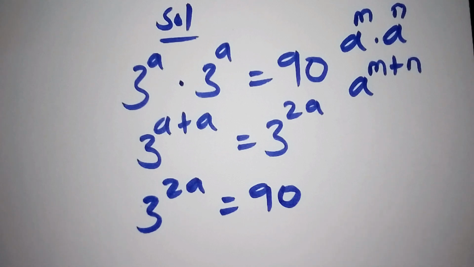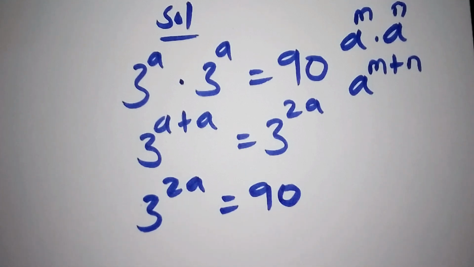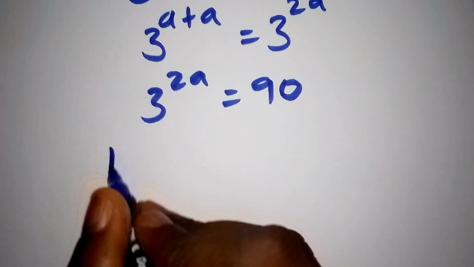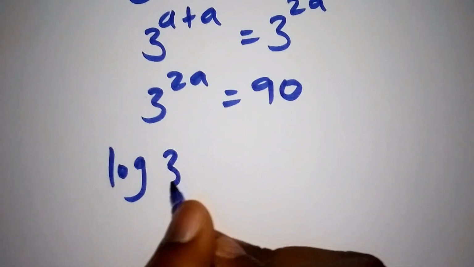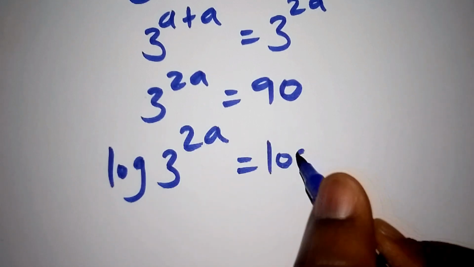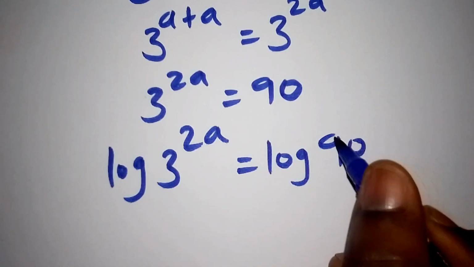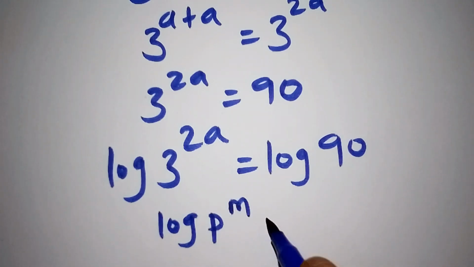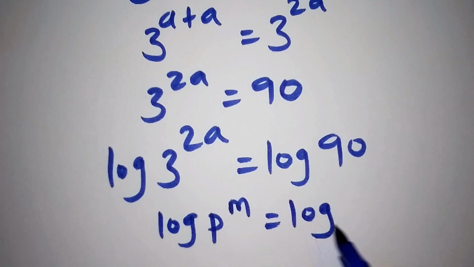To find the value of a in the correct way, we shall introduce the log on both sides. So we have the log of 3 to the power of 2a is equal to the log of 90. Now, when we have something like the log of p to the power of m, this can be given as m log p.